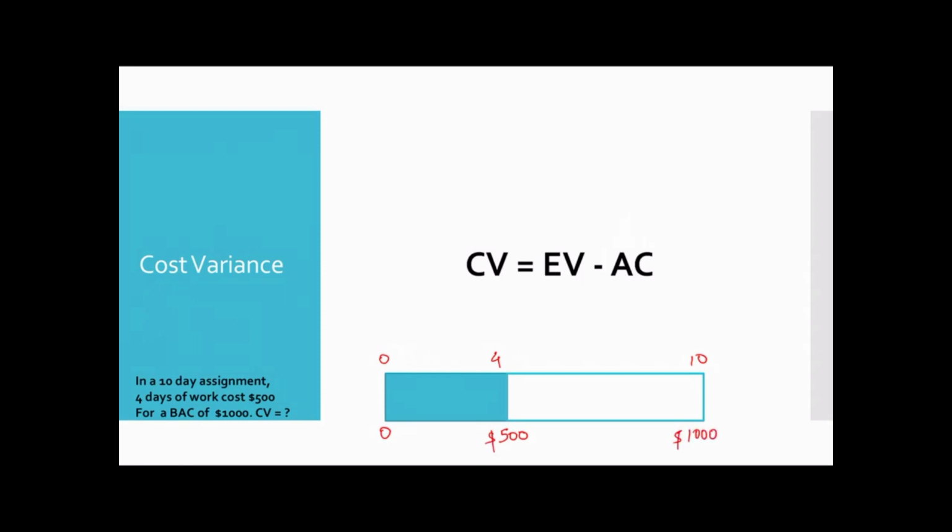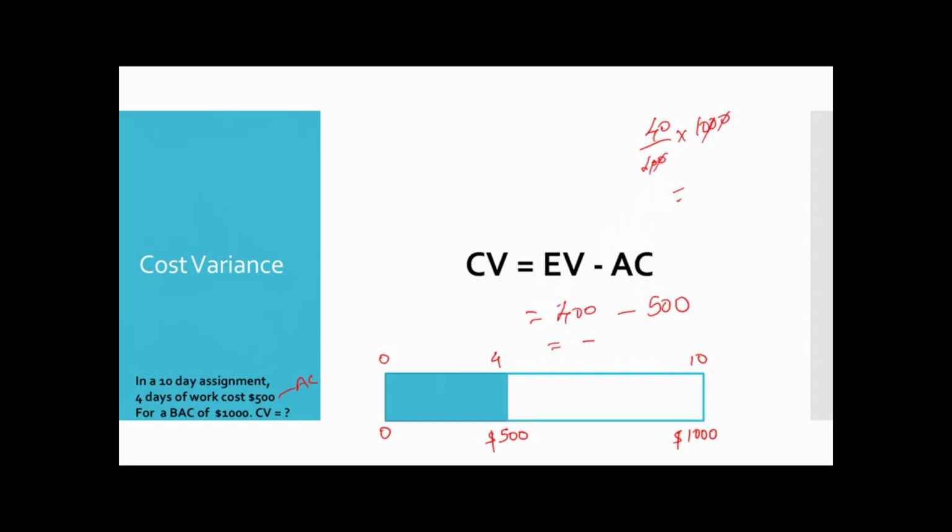Now what is the earned value in 4 days of work? The actual cost that you have spent is $500. And what is the earned value in 4 days? How much work have you completed? You have completed 40% of the work. 40% of the work is 40 by 100 into 1000, so it's going to be $400.